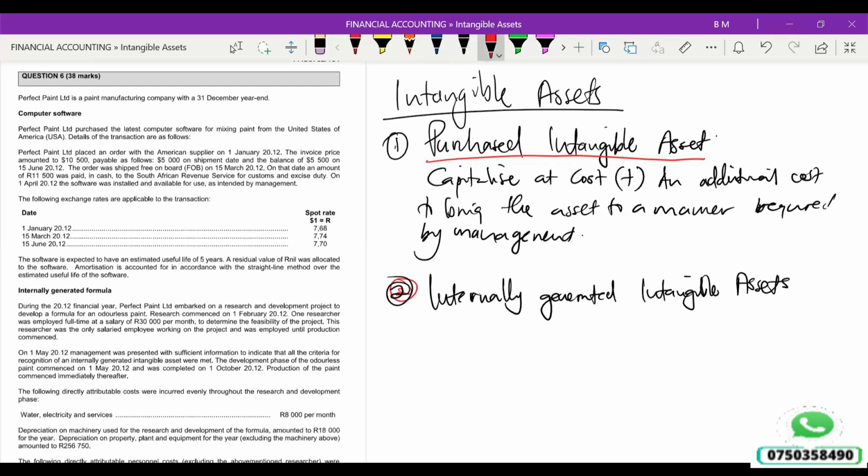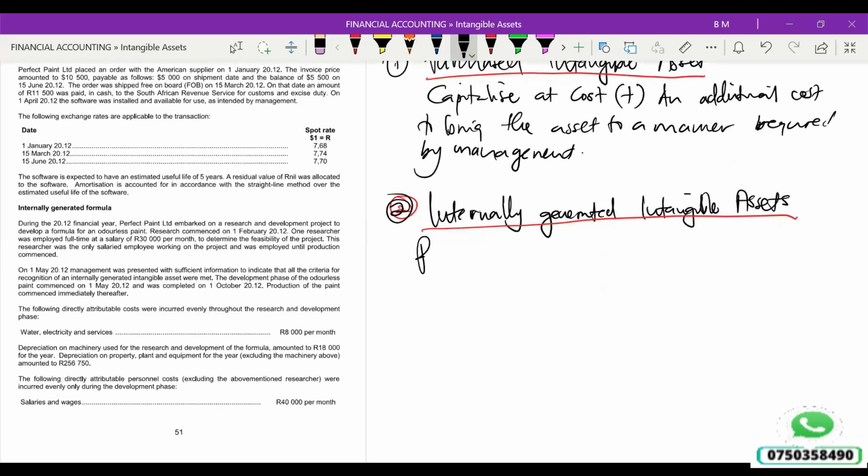Okay, guys, we're going to talk about the theory side of this topic, the background of these assets, at a later stage. But we're also saying that we have an internally generated intangible asset. And this internally generated intangible asset goes through two phases. The first phase is what we call the research phase.